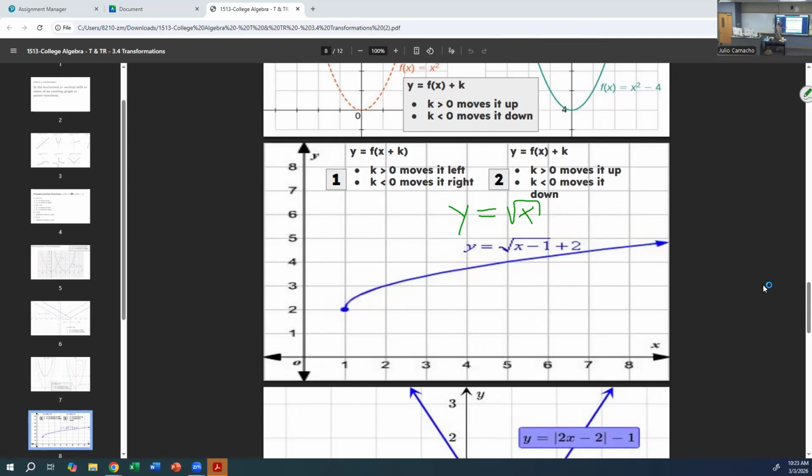So it's where this vertex was before, in the parent function.